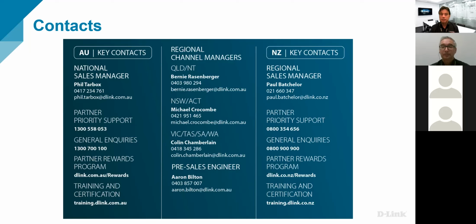But it isn't possible to connect a DGS 1210 28P D-Link switch or another vendor's switch into the Nuclias Cloud platform. Oh, sorry, I probably misunderstood the question. Yeah, you're correct, Phil. If you already have existing legacy equipment, no, unfortunately not. It needs to be designed specifically for Nuclias Cloud.